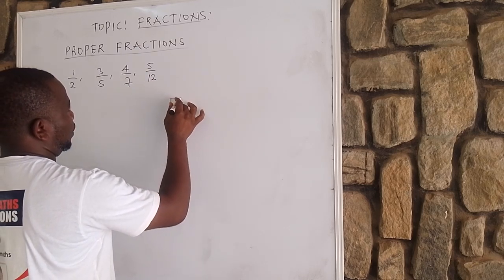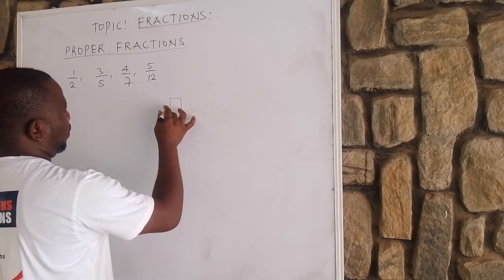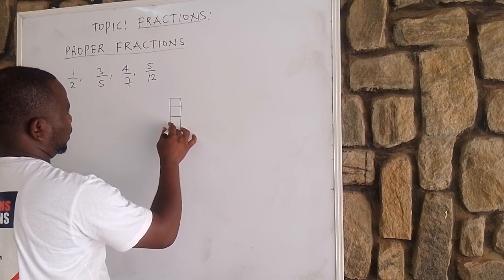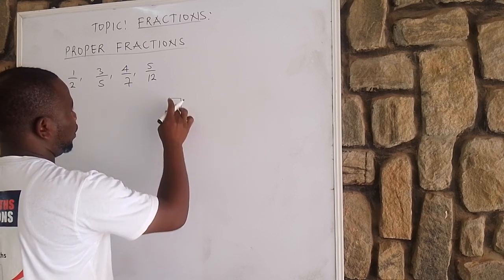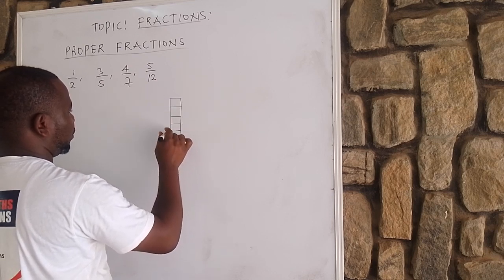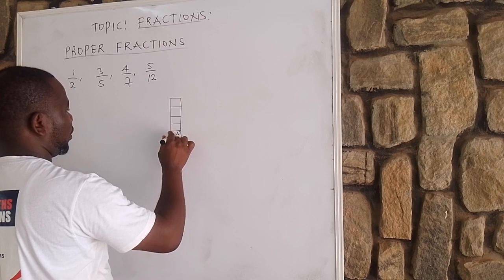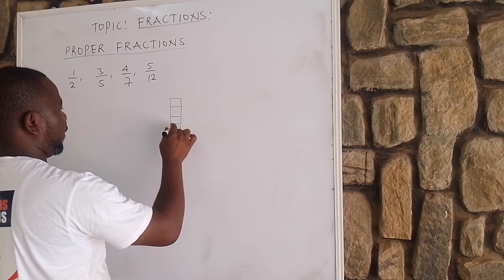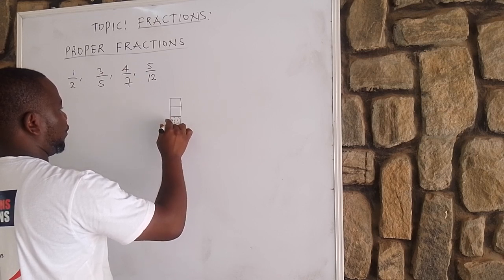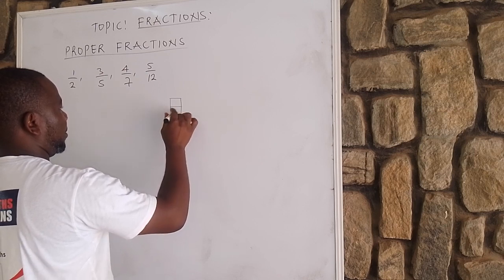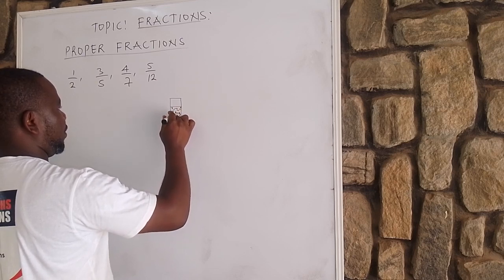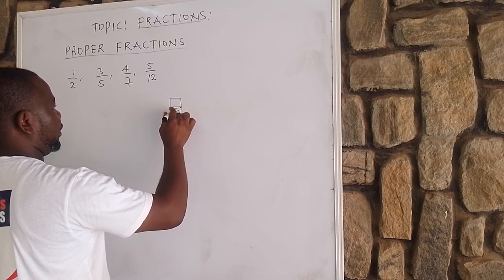Let's have 1, 2, 3, 4, 5, isn't it? Okay, let's shade. Let us shade this.